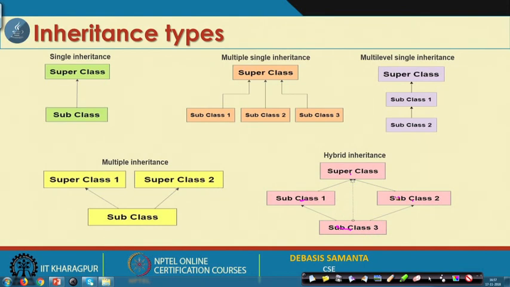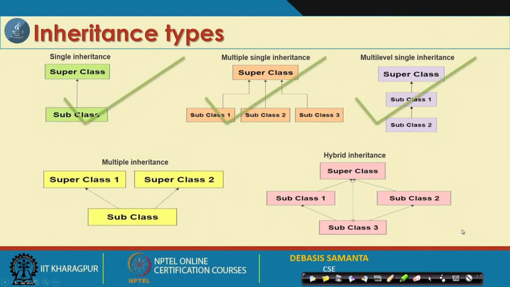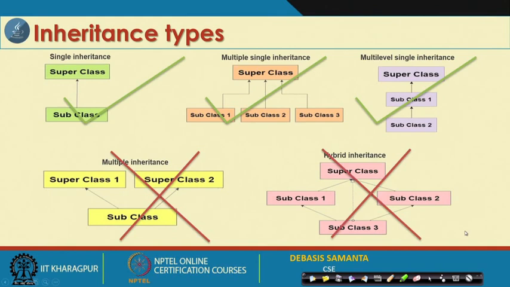So it is called hybrid inheritance, which means both single, simple as well as multiple inheritance are there. Now, so far as Java programming is concerned, not all inheritance is possible. Rather, in Java only single inheritance, multiple single inheritance and multi-level single inheritance are possible, whereas the other two are not possible. Java does not support multiple inheritance as well as hybrid inheritance.